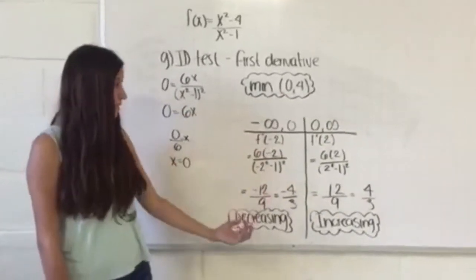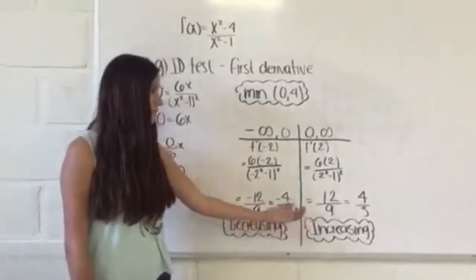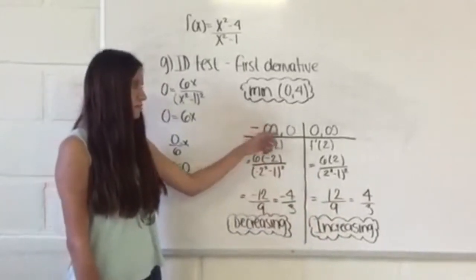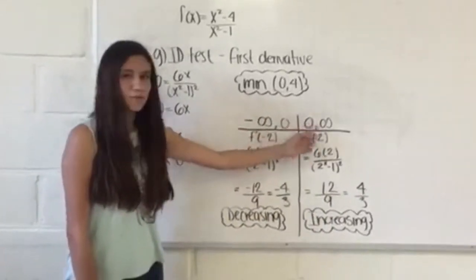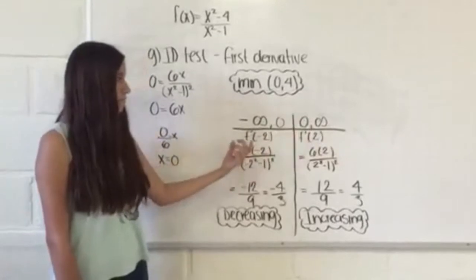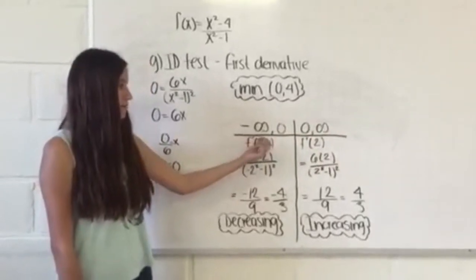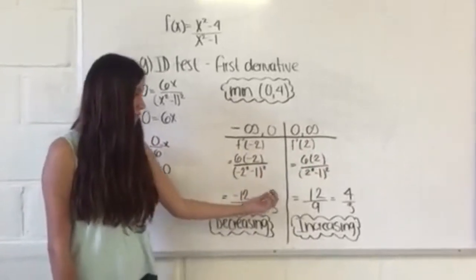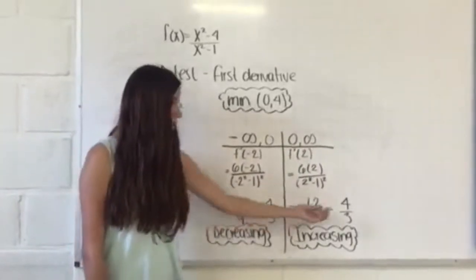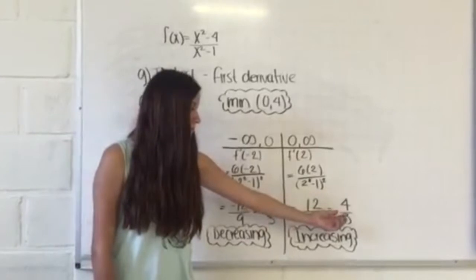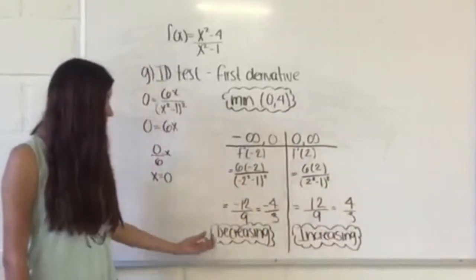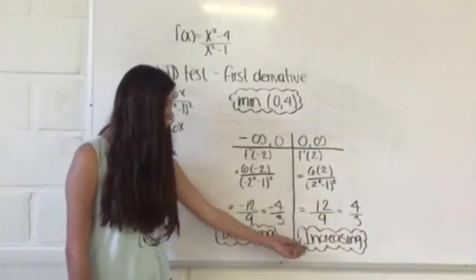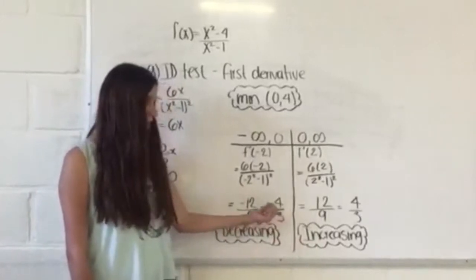Then we calculate the decreasing and increasing intervals: (minus infinity, 0) and (0, infinity). We substitute x with minus 2 and 2, and we obtain minus 4 over 3 and 4 over 3, and it is decreasing and increasing because the sign is negative and the sign is positive.